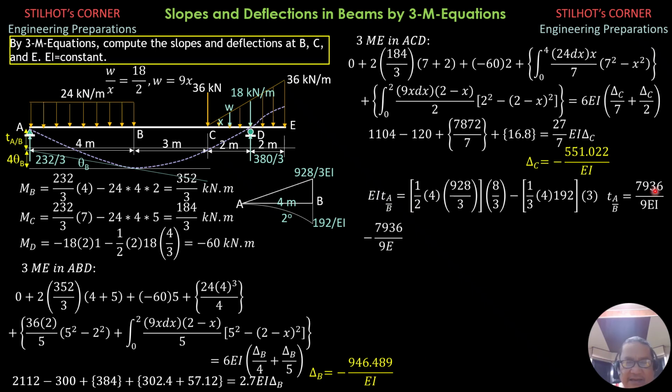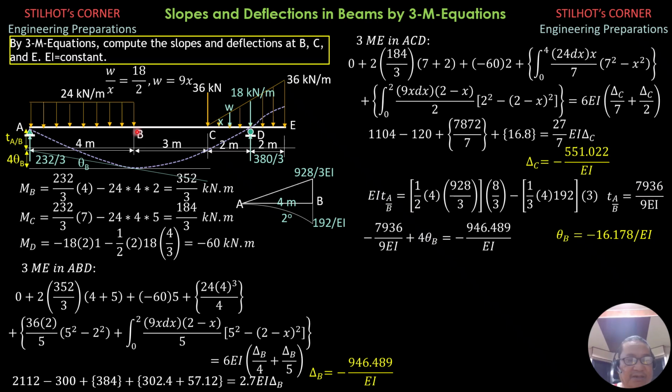Again, negative of 7936 over 9 EI plus 4 theta B equals negative 946.489 over EI. So solving for theta B, it is negative 16.178 over EI.